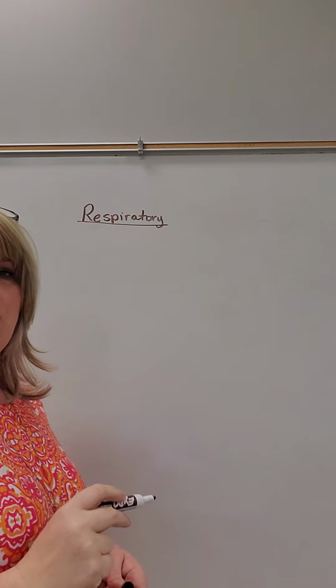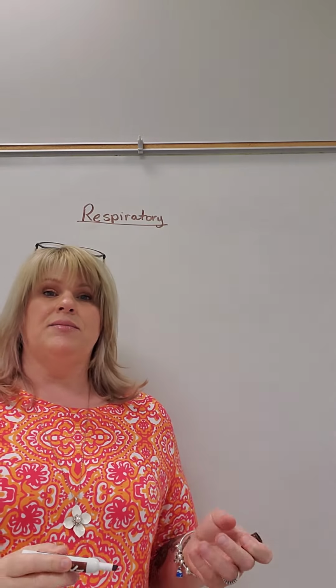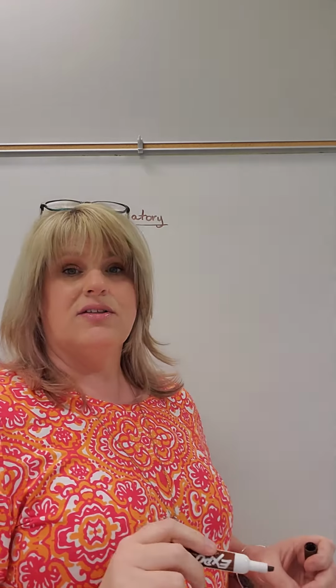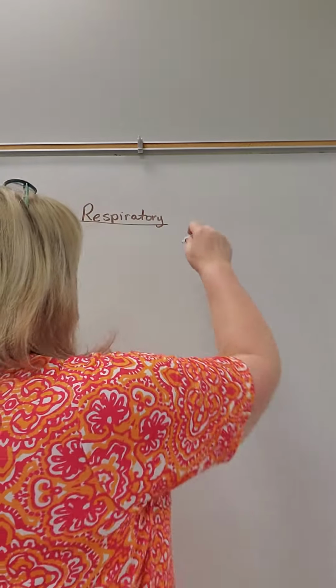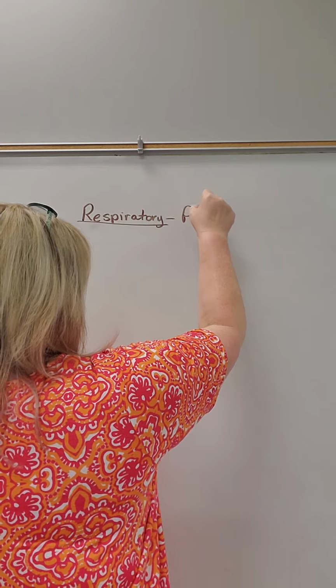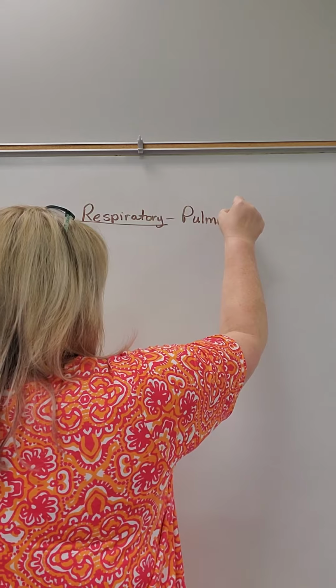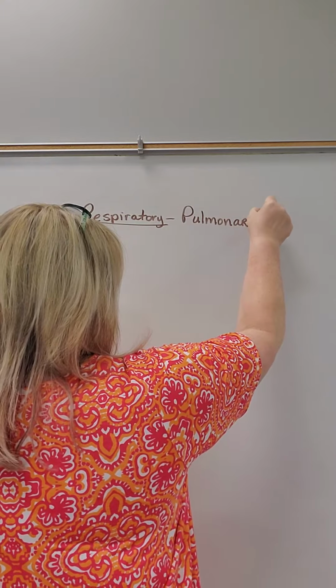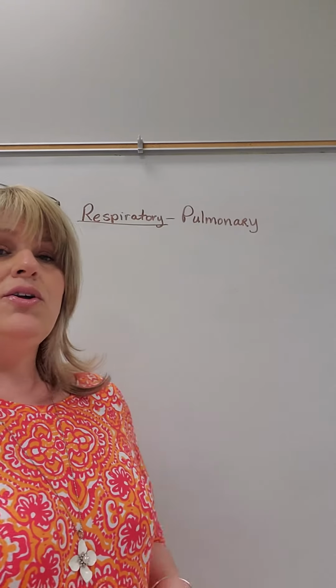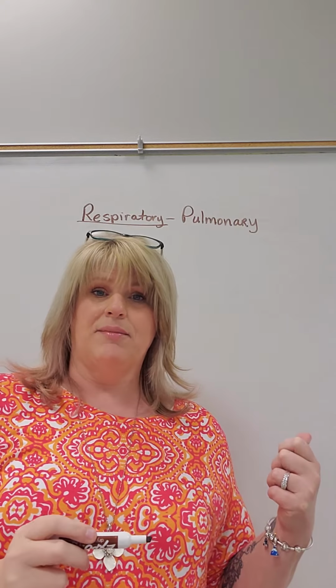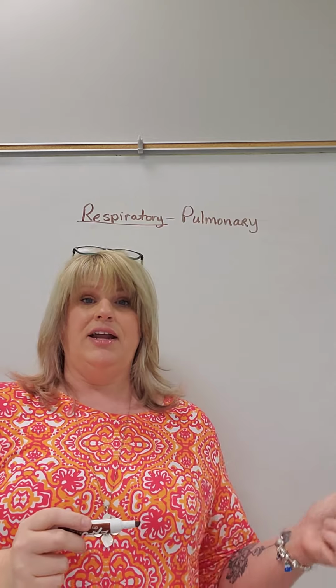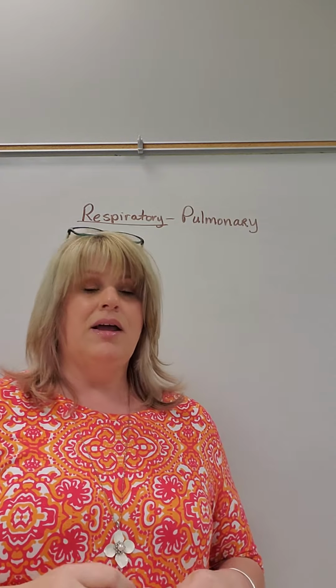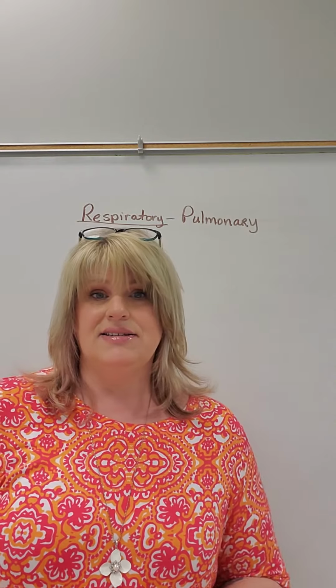Okay. With the respiratory system, anything referring to the lungs is called pulmonary. You heard this when we were talking about the pulmonary artery and vein in the cardiovascular system. The pulmonary side is everything dealing with respiration.